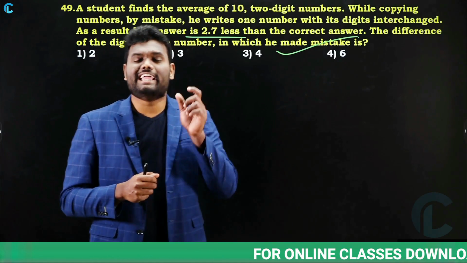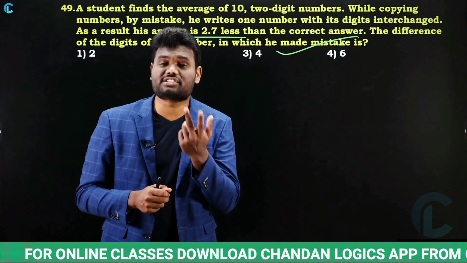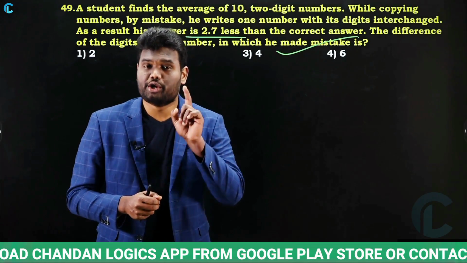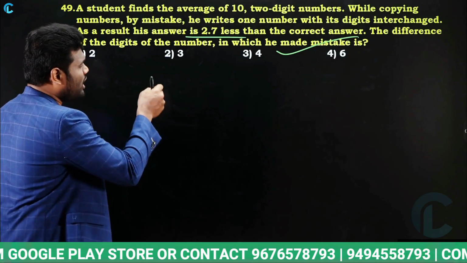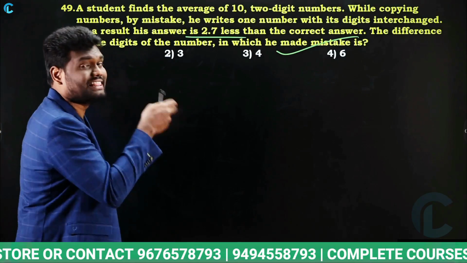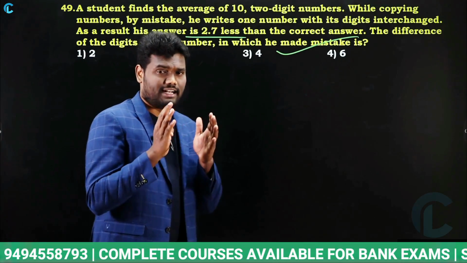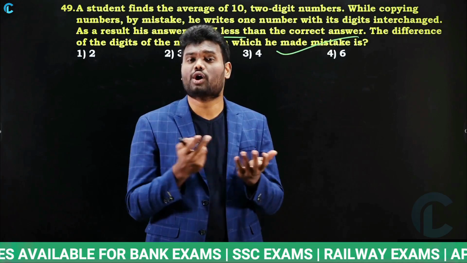Simple example, he needs to write the number as 14, but he has reversed it and written it as 41. Due to this, the answer got 2.7 less than the correct answer. Now your question is, what is the difference in the digits of that number which was entered wrongly?